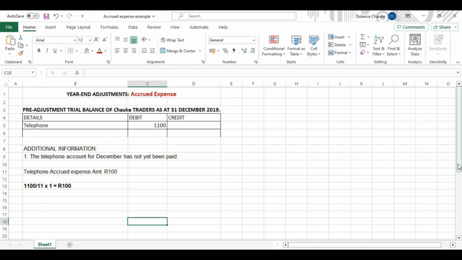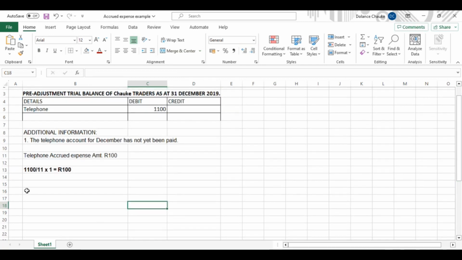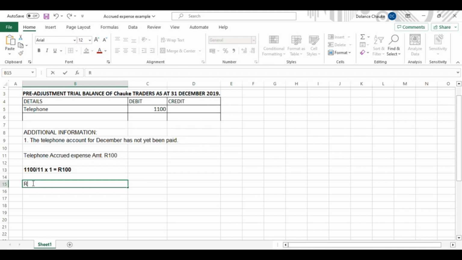Right. So now, in this case, where do we adjust? For example, let's say you are required to prepare an income and expenditure account or statement, right?